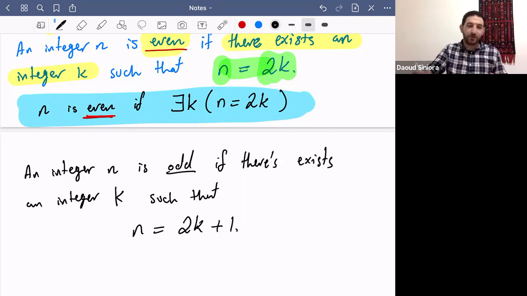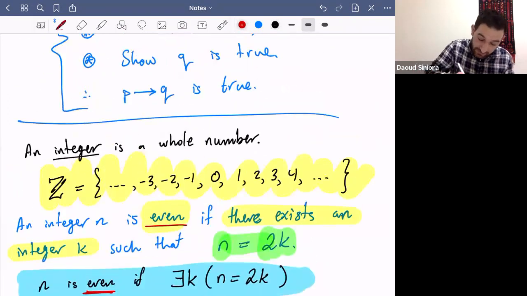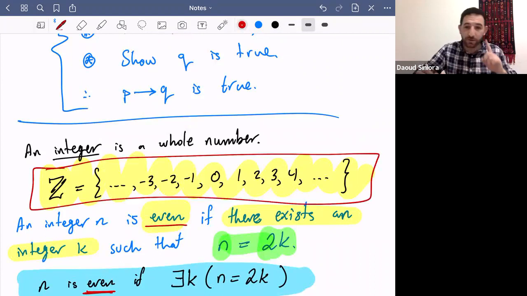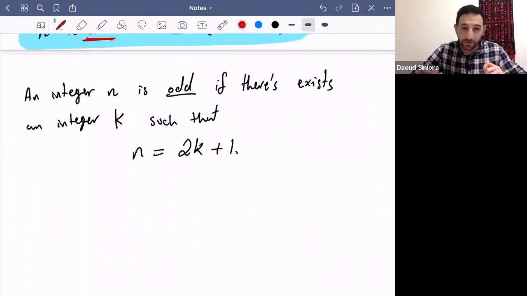What does this mean? We call an integer odd if we go to the domain of the integers and find at least one integer k such that 2 times k plus 1 is n. In this case, we call n odd.